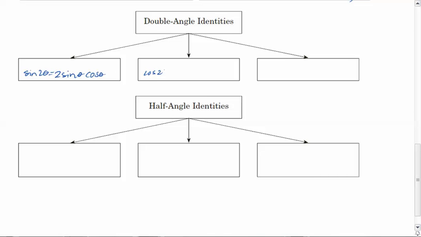Cosine of 2 theta is equal to cosine squared theta minus sine squared theta. And then tangent of 2 theta is equal to 2 tangent theta all over 1 minus tangent squared theta. And again, you can go back and look at how we derived those in the last video.